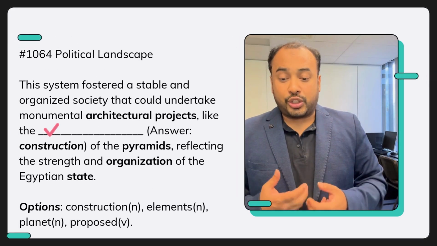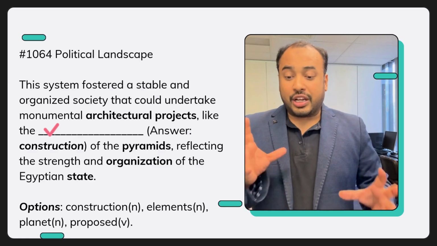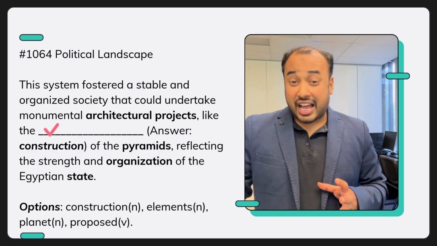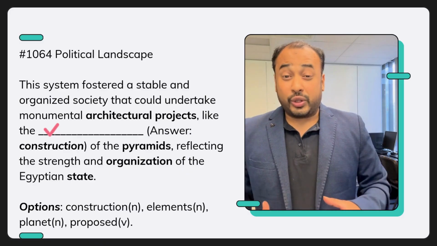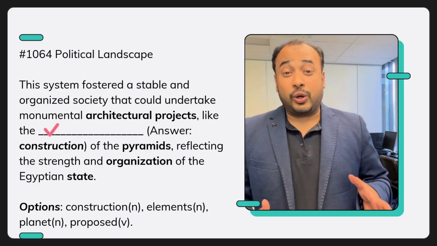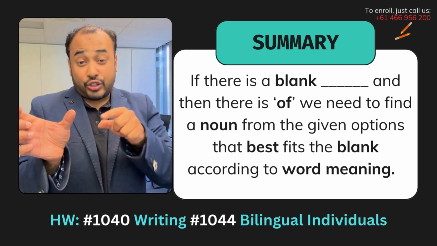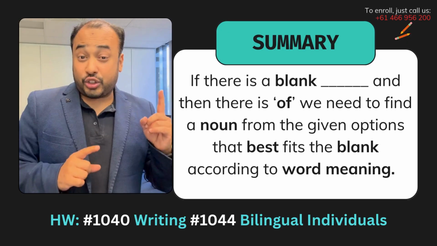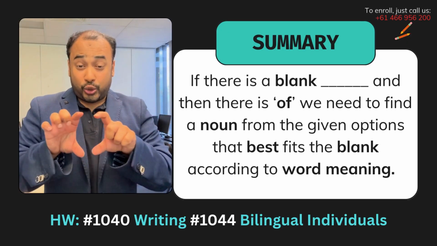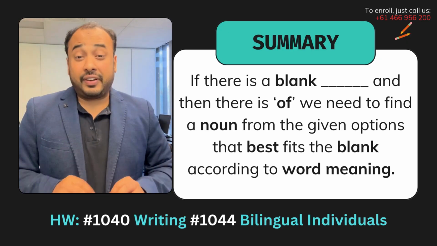Some of you might choose the word elements, but if you go with the sentence, they're trying to compare the architectural design or the project, so we're going to go with the word construction. Is that clear? So let's sum it up. If there is a blank and there is of, we're looking for a noun.